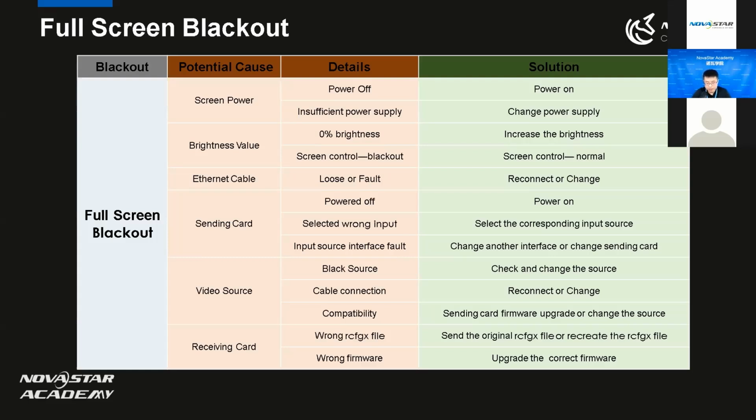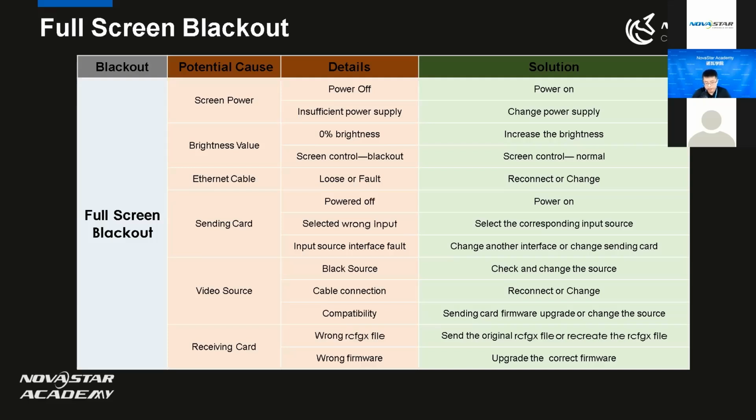And the second one is please try to check if you select the correct input source. Because you may feed in HDMI, DVI, and SDI, but what you want to put on your LED screen is only HDMI, but you select DVI as the input source. In this case, the screen would be totally black.